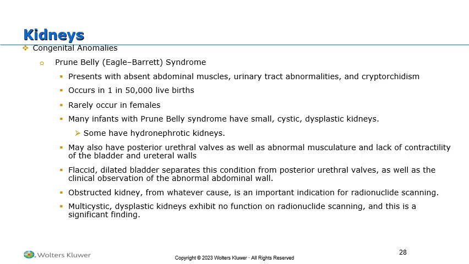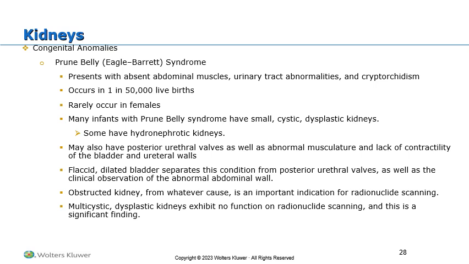So if you see a baby with posterior urethral valves and they have some good muscle tone in their bladder and in their abdominal muscles, then it's probably just posterior urethral valves. If you see the posterior urethral valves and then they have no muscle in their abdomen, then it's going to be Eagle-Barrett syndrome.